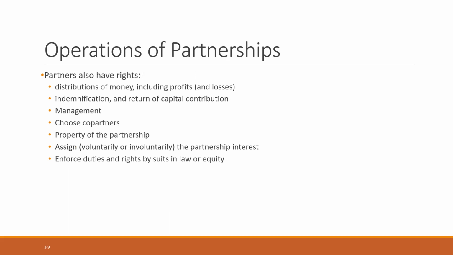They are indemnified, which means they are protected. So if the partnership makes a decision and say we get sued or we lose all of our money, I can't be held more liable than I am as a share of a partner.